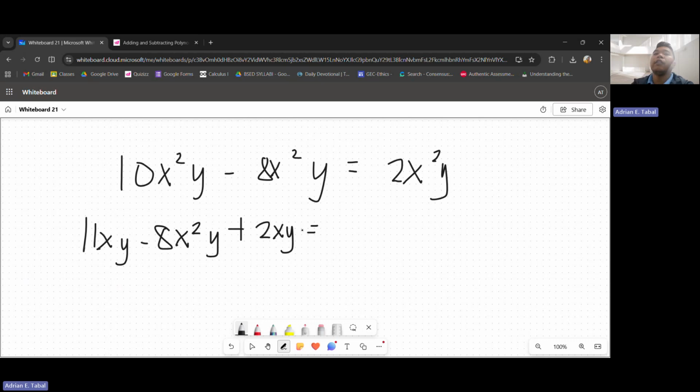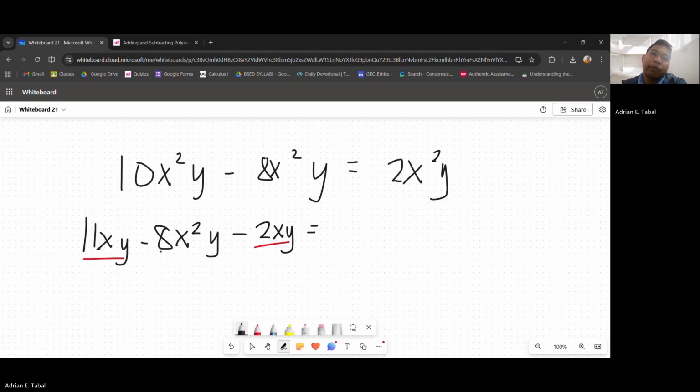By just looking at the expression, we can tell that 11xy and 2xy are like terms. So we will subtract the like terms, 11, and this is plus, the operation here is subtraction. 11 minus 2, that is 9xy.